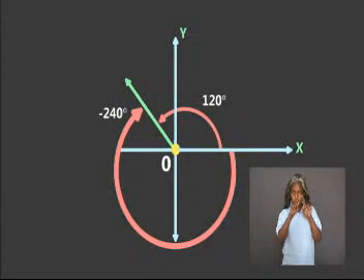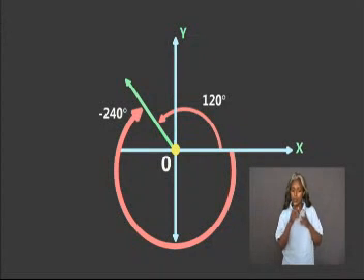It is also important for us to know that coterminal angles have the same trigonometric values. Let us perform another activity to find the trigonometric value of a coterminal angle. Please look at your screen.